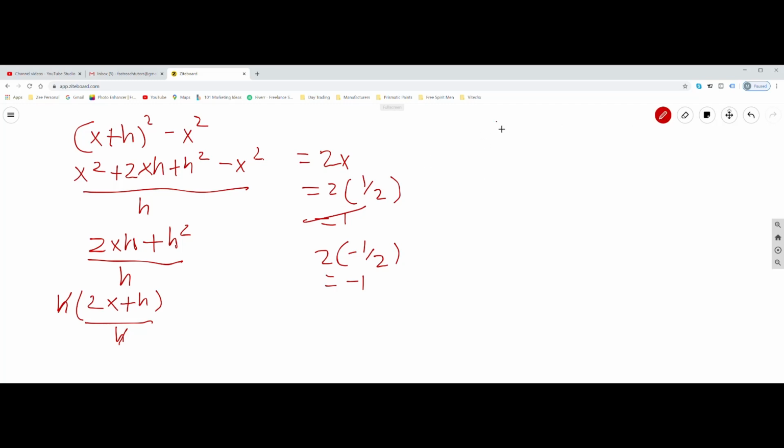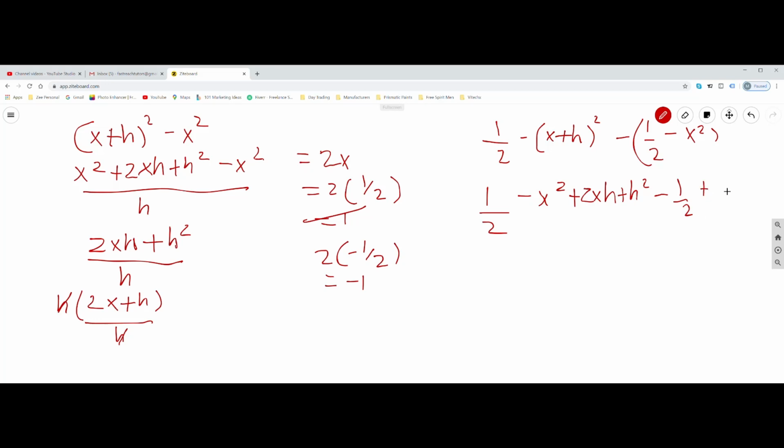Now we have to find 1/2 minus x plus h squared minus 1/2 minus x squared over h. So you have 1/2 minus x squared plus 2xh plus h squared minus 1/2 plus x squared.